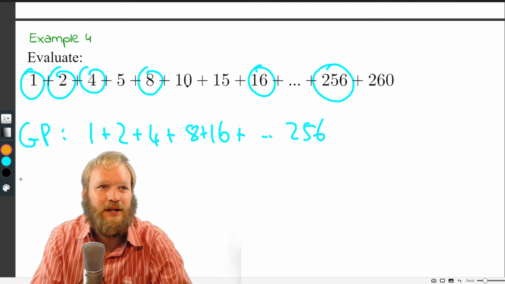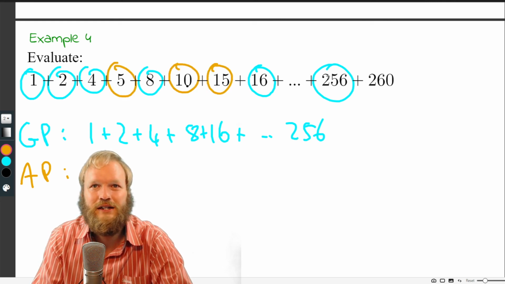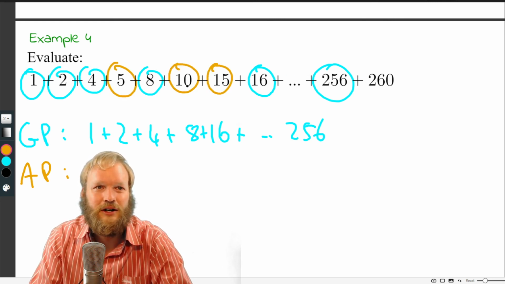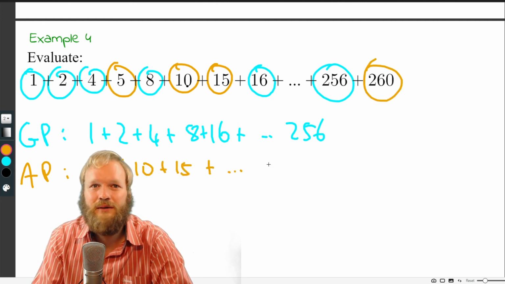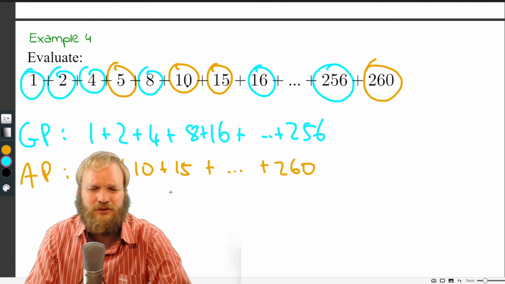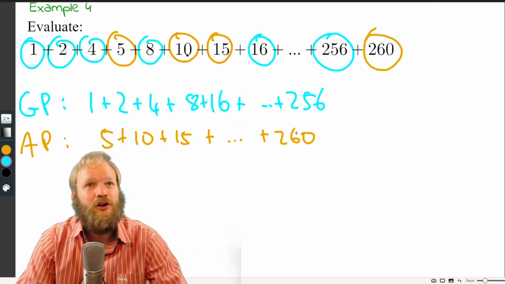And our arithmetic progression, let's see, is it the ones left? 5, 10, 15 plus up to 260. I should rightly have had a plus there. So we've got a GP and an AP.